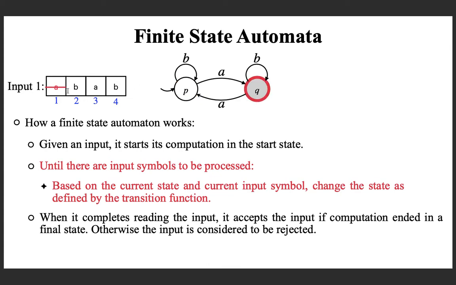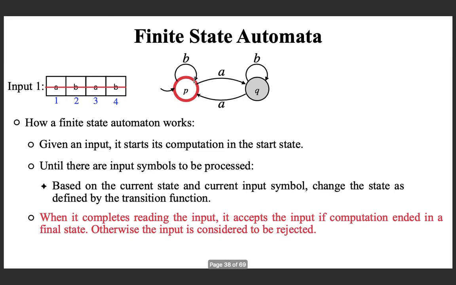So A is read off. Now you are in the state Q, and the next input symbol is B. So what do you do? You stay back. Now you are in state Q and you are getting a small a. What do you do? You go through this edge and come to the state P. Now you are in the state P and you are reading small b as the input, so you will stay back.